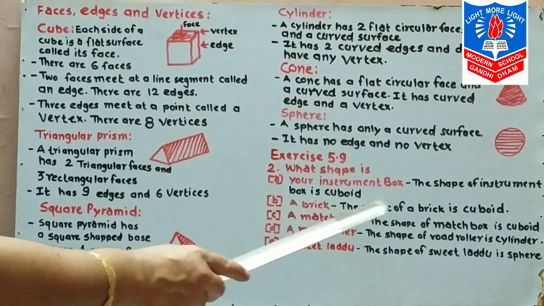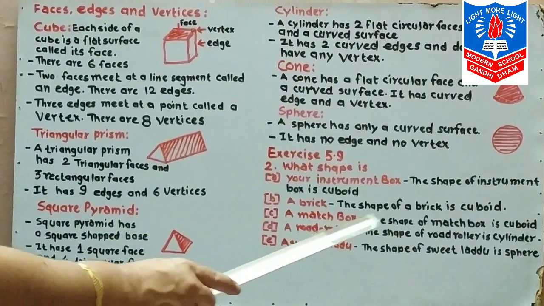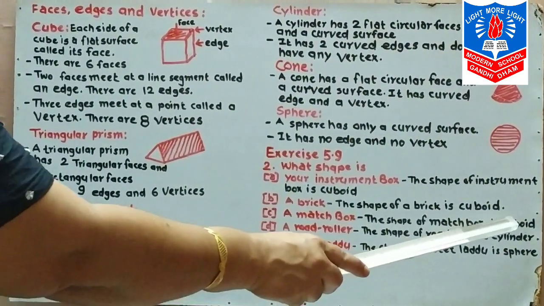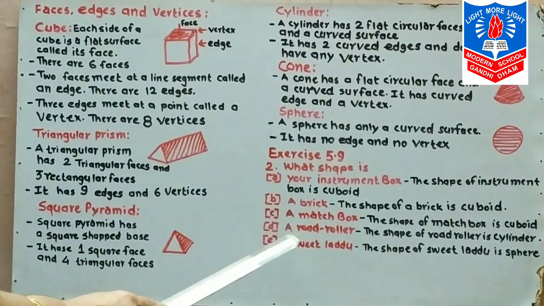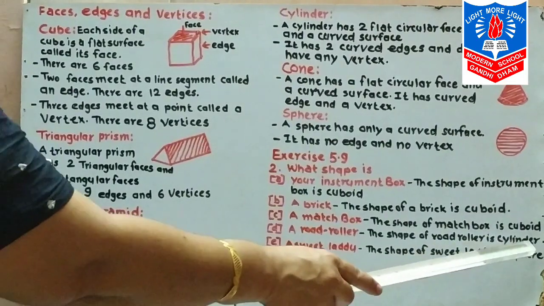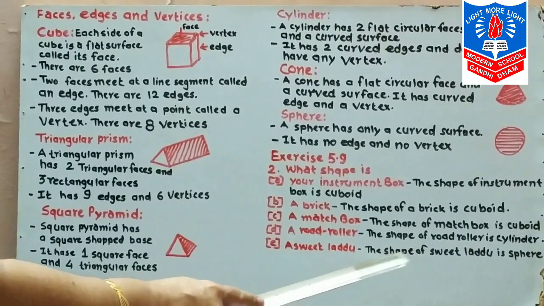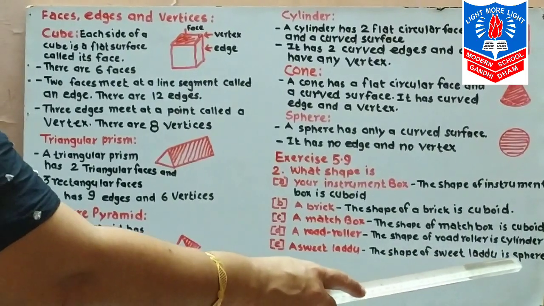A brick. The shape of a brick is cuboid. Matchbox. The shape of a matchbox is cuboid. A road roller. The shape of a road roller is cylinder. A sweet laddu. The shape of a sweet laddu is sphere.